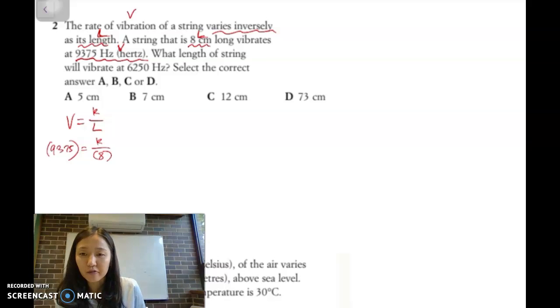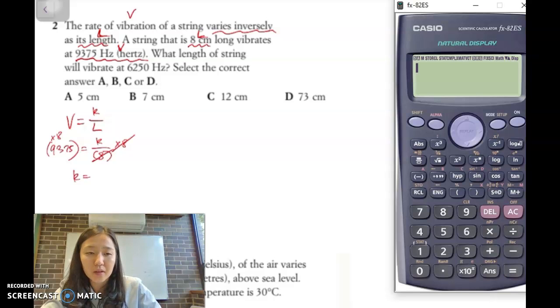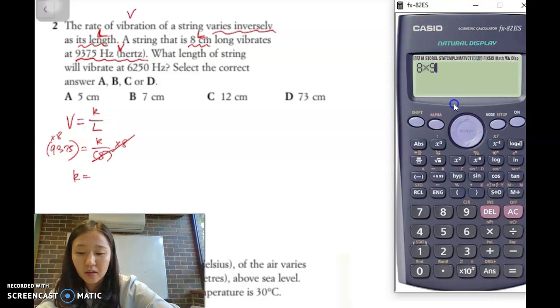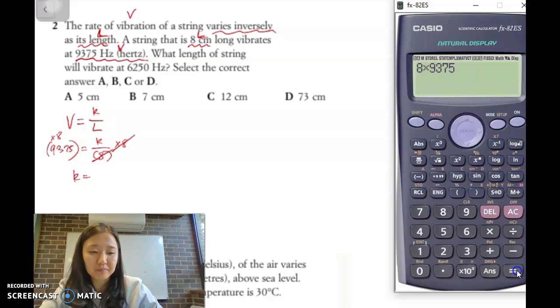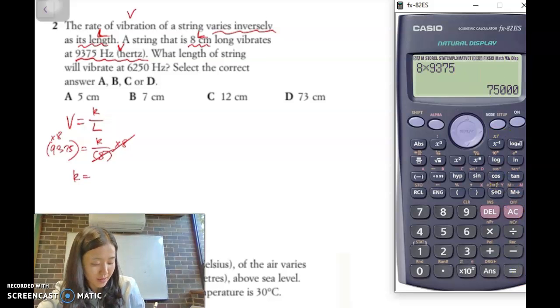I can solve for K by multiplying 8 on both sides. That will eliminate the 8 at the bottom, and that will give us K is 8 times 9375, which is 75,000.